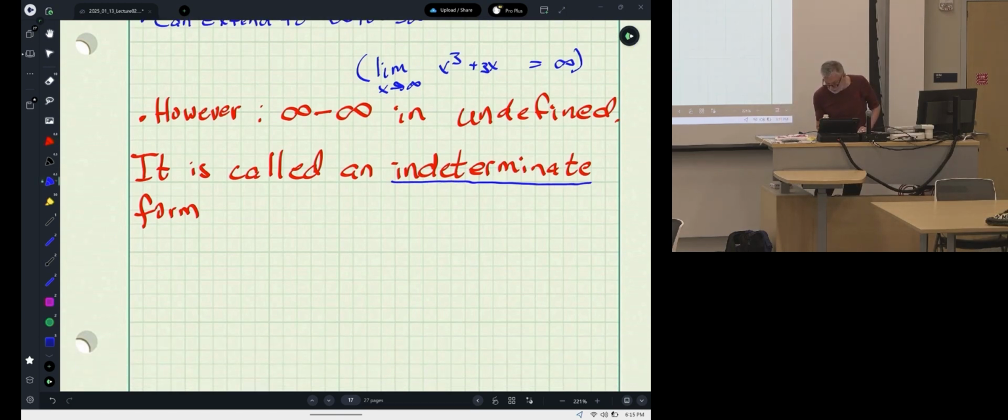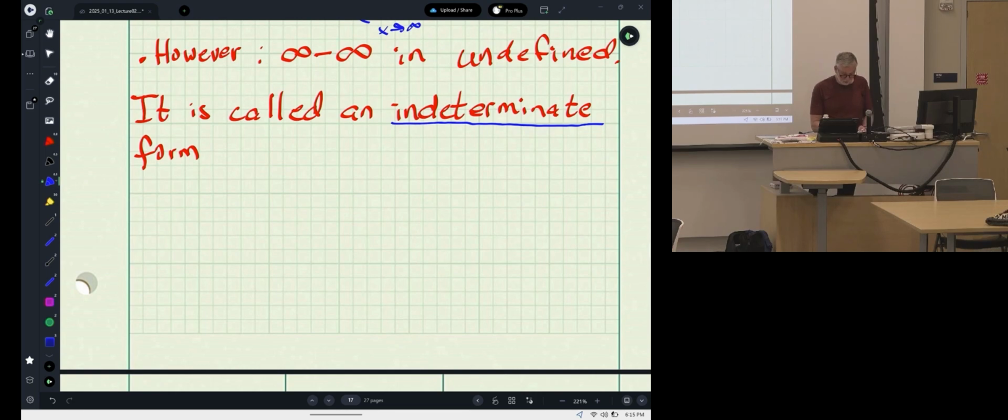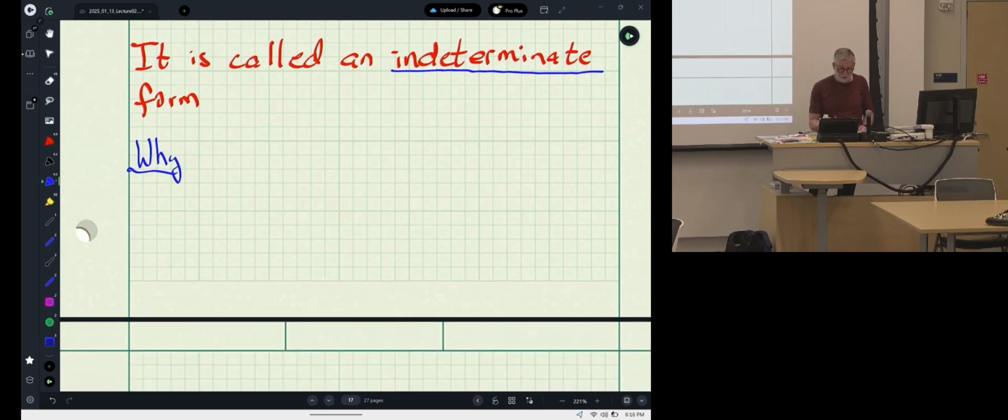So why can it not be determined? That's what indeterminate means. Cannot be determined. It's a form that cannot be determined. And we'll sketch this out and then stop. And it's because of this.